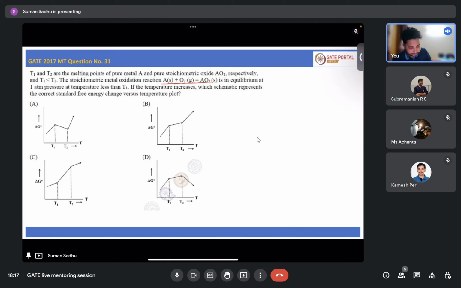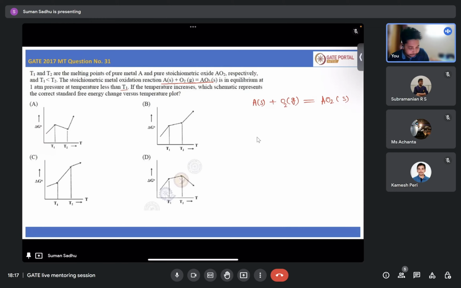It is in equilibrium at 1 atmosphere pressure at temperature less than T1. Now if the temperature increases, which schematic represents the correct standard free energy change versus temperature plot? Four options are given. So you have pure metal oxidizing in the presence of oxygen in gaseous form, and it is forming AO2 in the solid form.